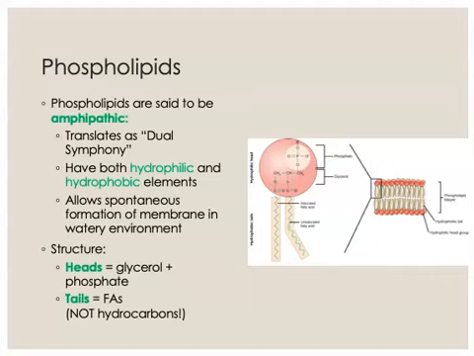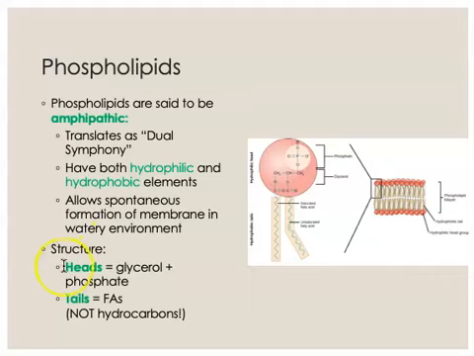Because of this dual nature, when you put phospholipids in a watery environment, they will spontaneously assemble themselves into a bilayer, with the heads facing the outside and the inside of the cell, where the water is, and the tails being tucked away in the middle.